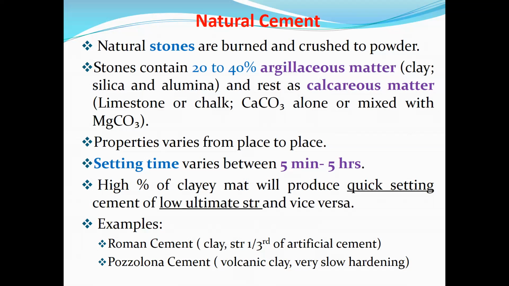Over the period of time, people learned, and there are two types of stone. One is called argillaceous matter, which is basically a combination of silica and alumina, clay, and stones which contain 20 to 40% of argillaceous matter, and the rest are calcareous matter like limestone or chalk.